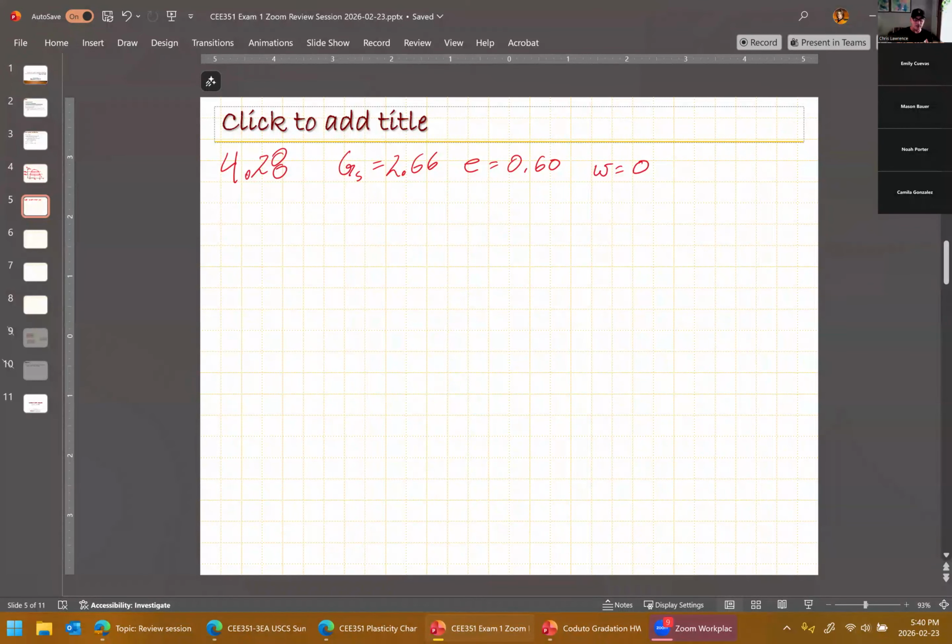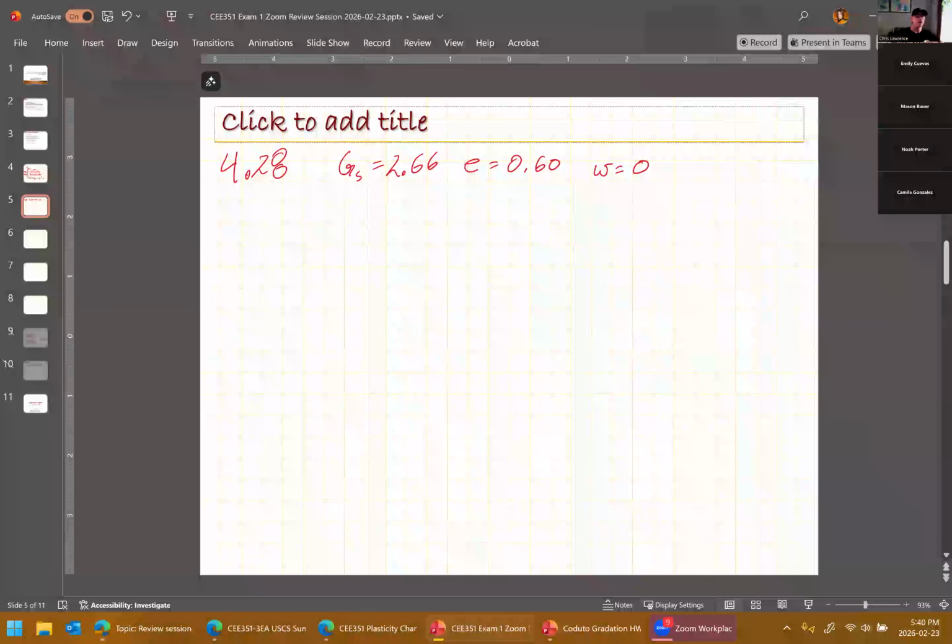Void ratio will stay the same the whole time. There's no reason that the voids will expand, especially if it's a sand. Some clays, expansive clays, can expand as they get wet and shrink as they get dry. So is it important that this is a sand? Actually, yes. There will be no volume change just because it gets wet. That's sort of important.